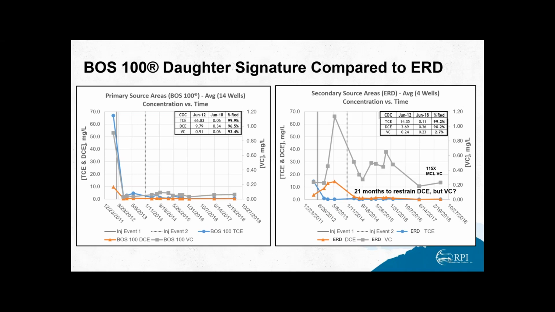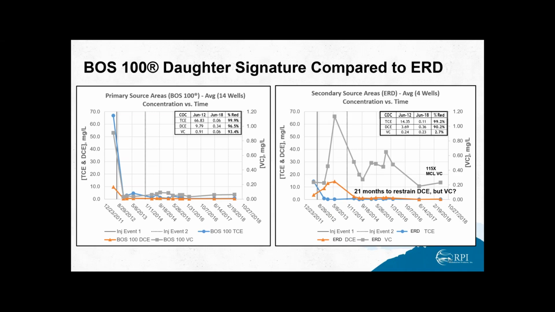Note that DCE and VC levels are noticeably higher for EDR, and that the DCE was actually not restrained for 21 months, and that the vinyl chloride is still 115 times MCL at the point of last sample. Now, that doesn't mean that the EDR has in some way failed.